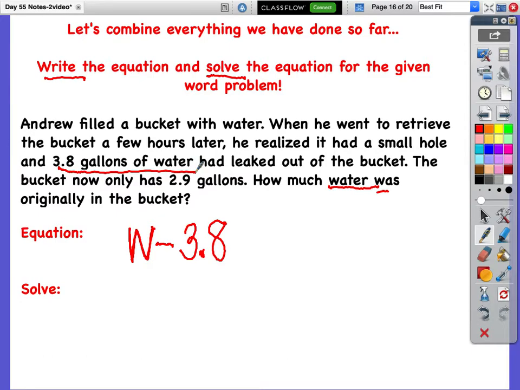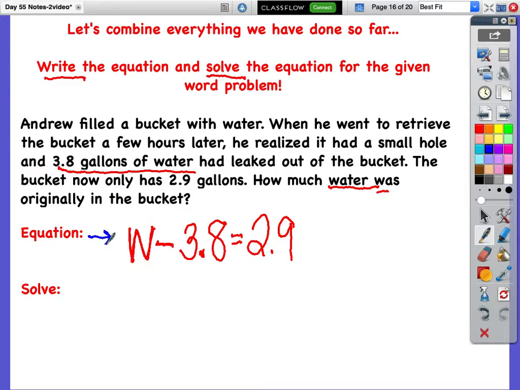So we're subtracting that from our starting point, which was W. At the very end, once the water subtracted out this amount, then there was 2.9 gallons left. All right, so we have just created our one-step equation, and we have W minus 3.8 equals 2.9. So that is our equation for this problem.